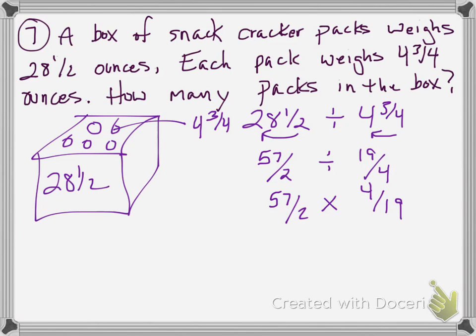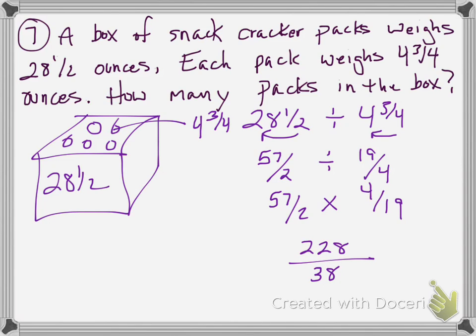So 57 times 4, if you work that out on the side of your paper, you get 228. And 19 times 2, if you work that out on your paper, you get 38.